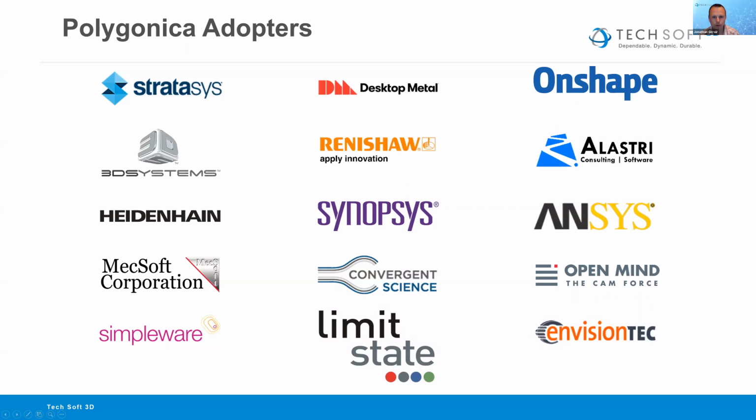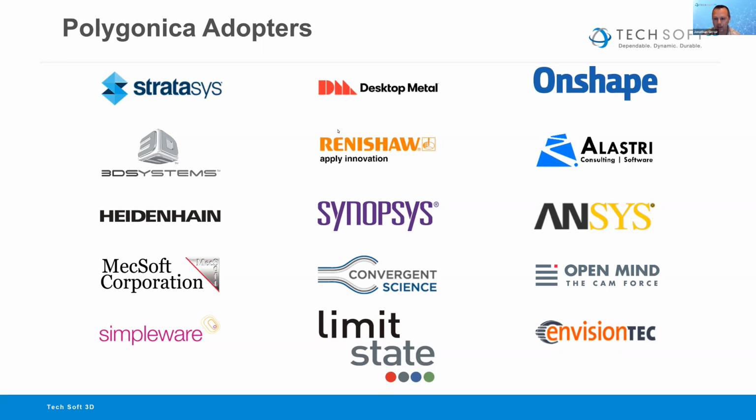So who's using Polygonica out there? Really, it's the who's who when it comes to 3D printing. Companies like Stratasys, Desktop Metal, 3D Systems, they're all leveraging Polygonica to do mesh modeling and mesh preparation for 3D printing. Other companies that are CAM companies are using it as well, or analysis companies that allow you to prepare a mesh for pre-processing and analysis.